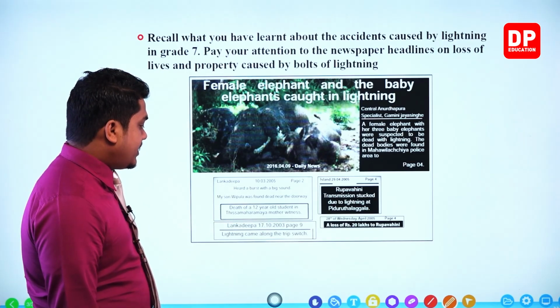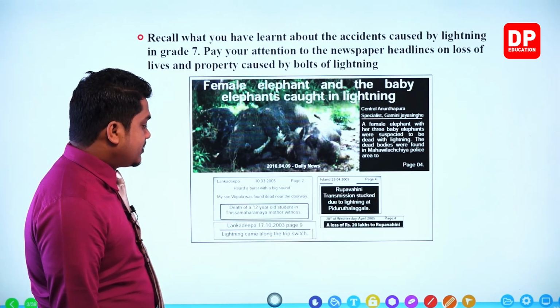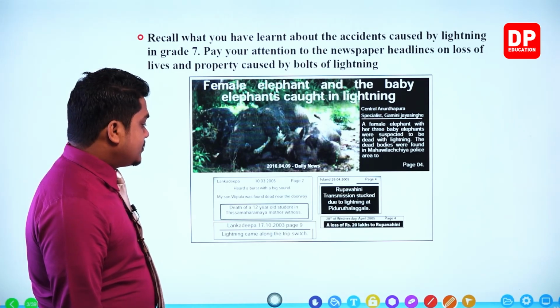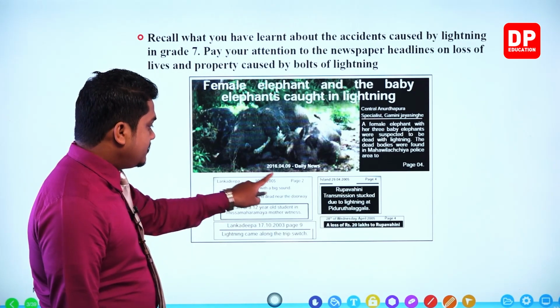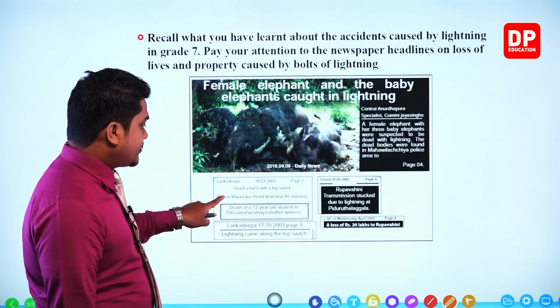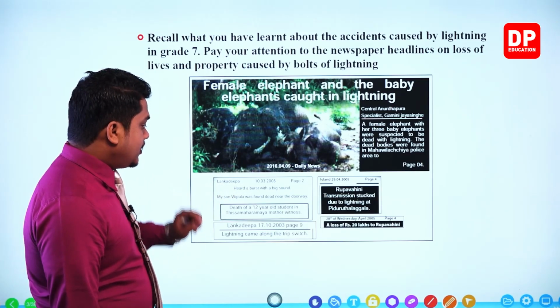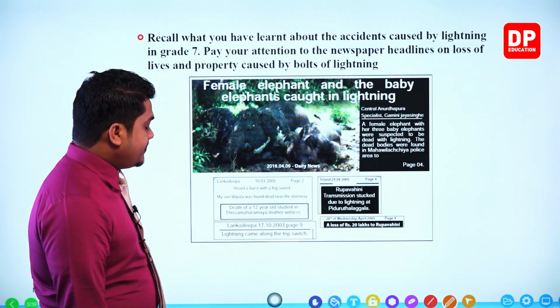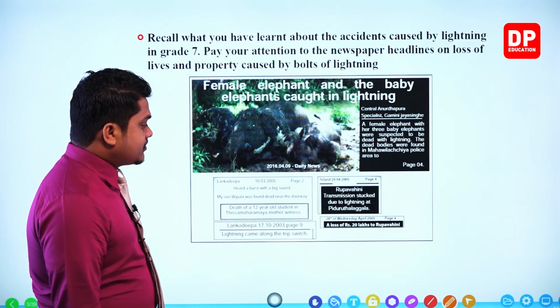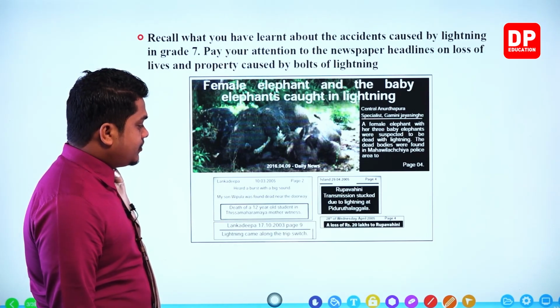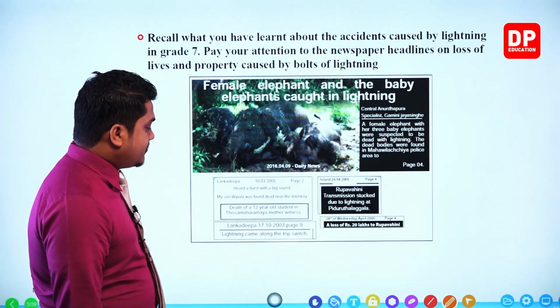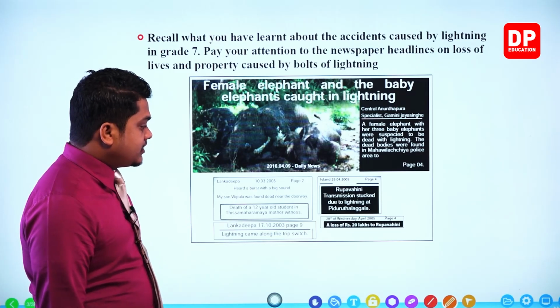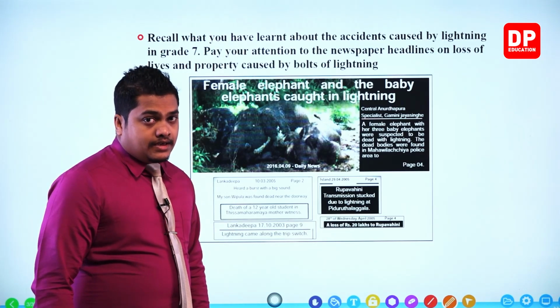Lightning came along the trip switch. So here, one thing is given, my dear children: a 12-year-old student in the Tissamaharama area died because of lightning. The mother was the person who witnessed the incident.